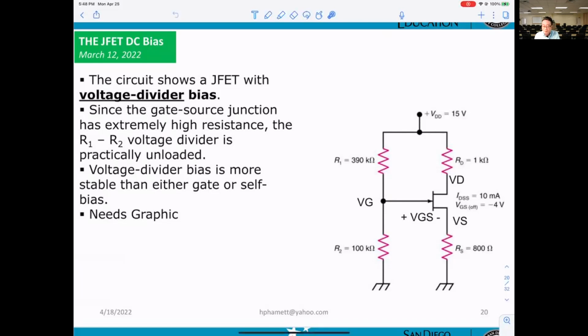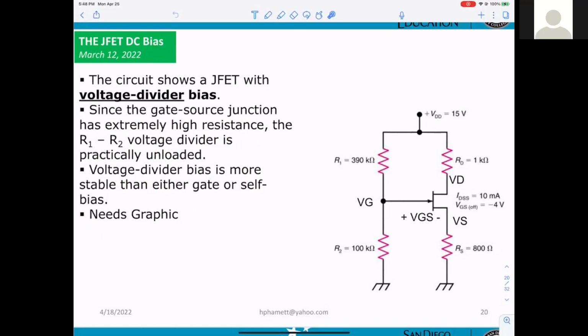That's very simple. They say, since the gate-source junction has extremely high resistance, the R1, R2 voltage divider is practically unloaded. Voltage divider bias is more stable than either gate or self bias. However, you still need the graph.